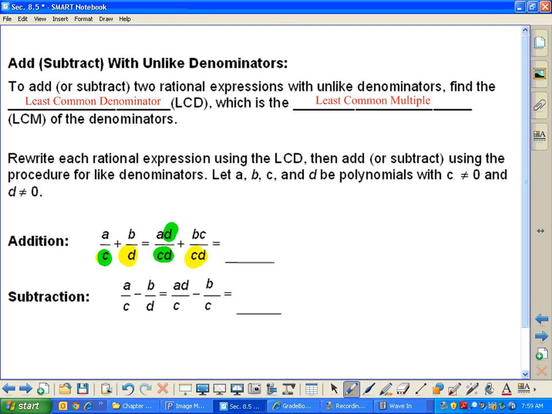We needed to multiply the top and bottom by that C for the second fraction. And now that your denominators are actually the same, both have CD in the bottom, you can just add straight across the top. So this is going to look like AD plus BC over CD.